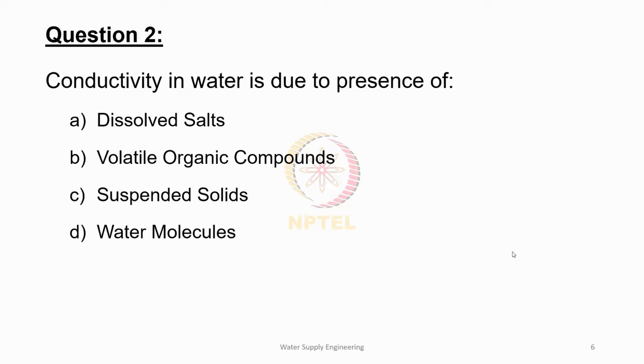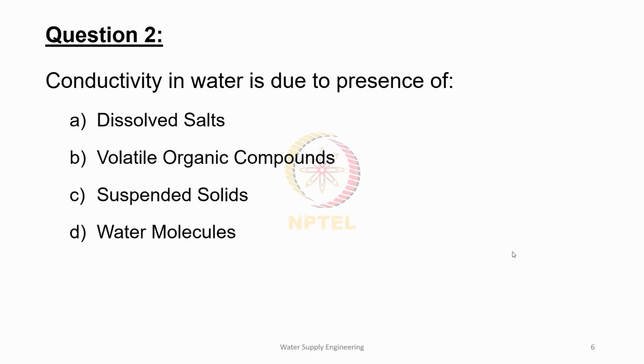Question number 2. Conductivity in water is due to the presence of: option A, dissolved salts; option B, volatile organic compounds; option C, suspended solids; option D, water molecules. What is the reason for conductivity in water? Yes, I'm getting answers.